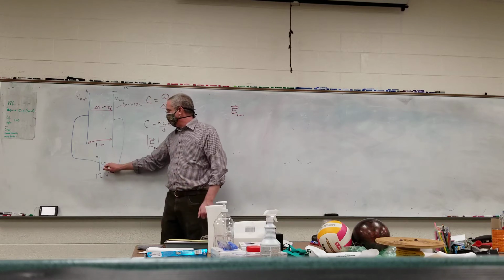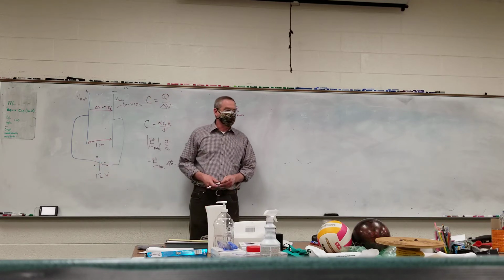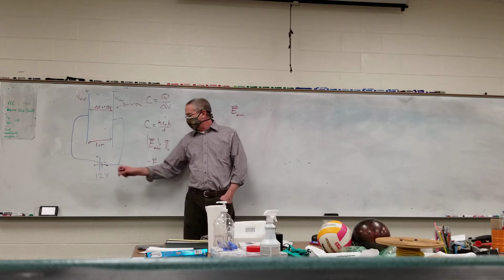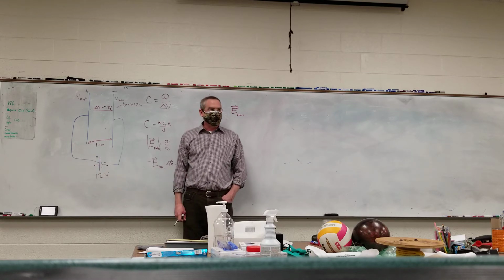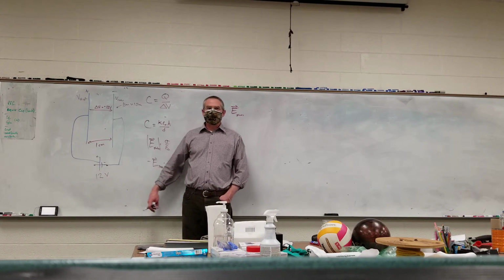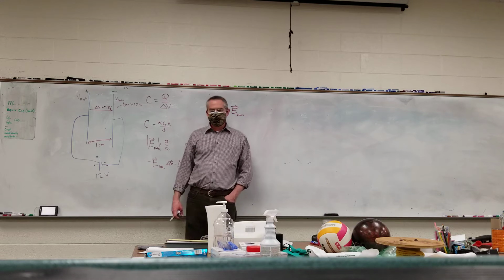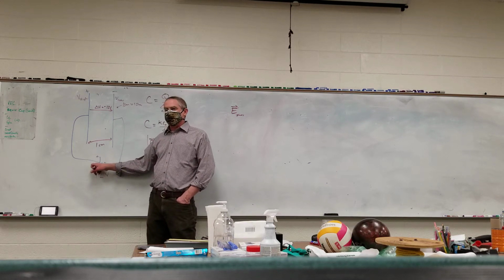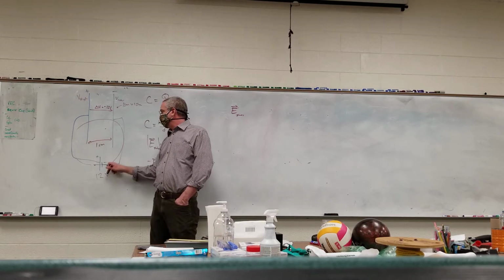So if we start here and go across the battery, we have gained potential. How much potential did we gain going across the battery? 12. Yeah, 12 volts. Units are our friends. We gain 12 volts going across the battery in this direction, and then we cruise around and we get back to where we started.